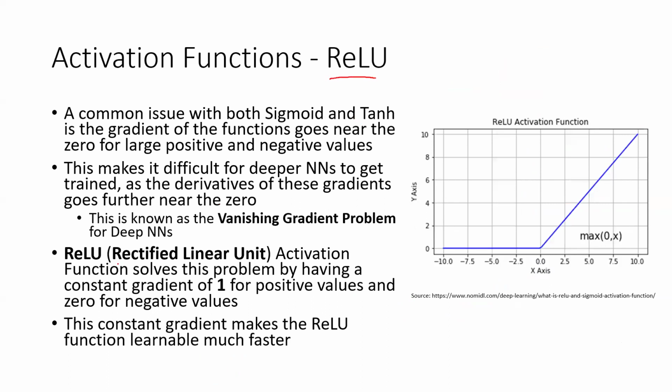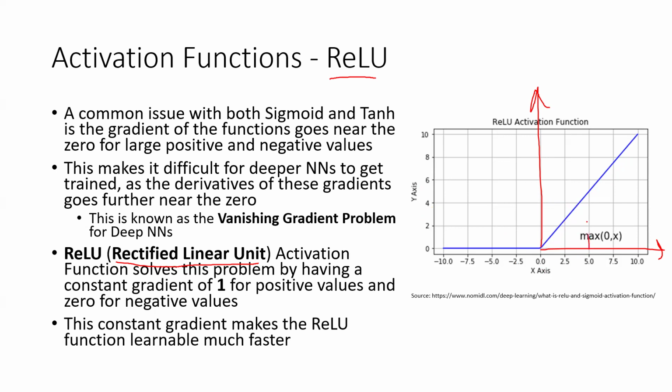This is known as ReLU, the rectified linear unit, where it has these characteristics: this is the 0th value and this is the ReLU value, right? This is the positive side. So if the value is positive, the y-axis is the same as the x-axis.